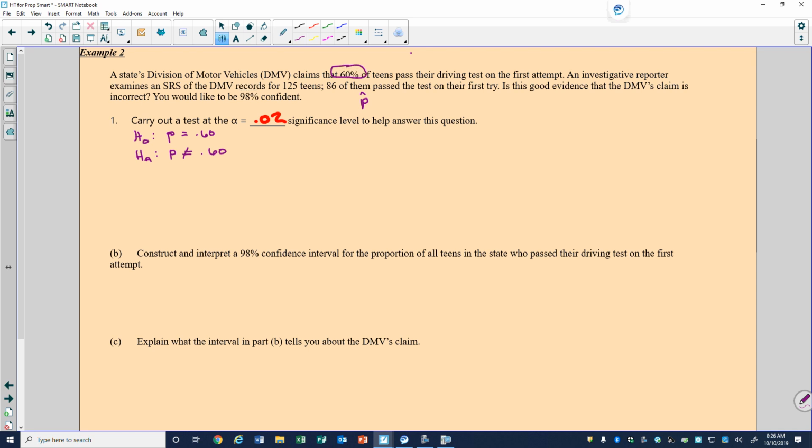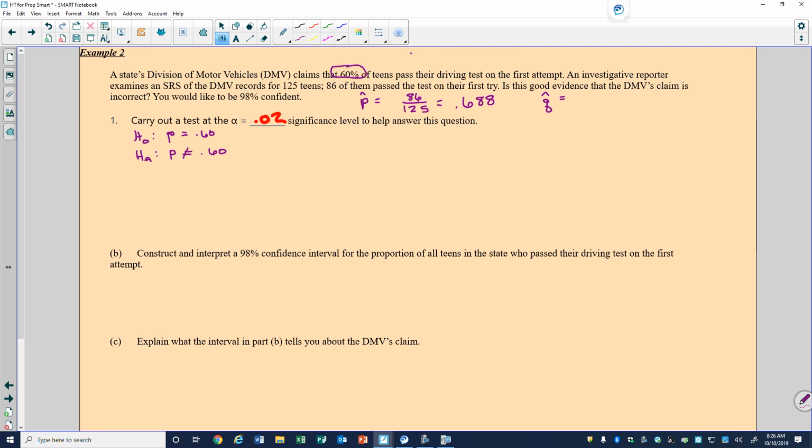Okay. Now I'm going to see what I got from my result. 86 from my sample out of 125 in that sample passed that test the very first time. If you divide 86 by 125, you get a proportion of 0.688. I could also look at the q-hat here.